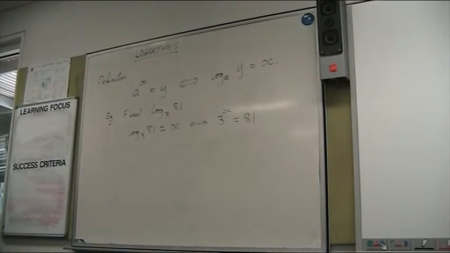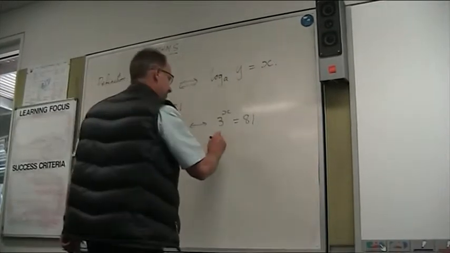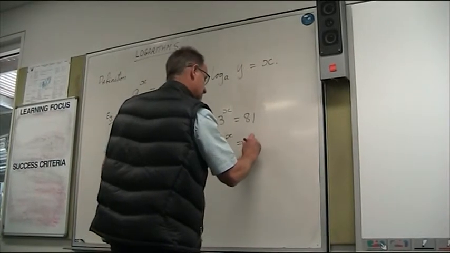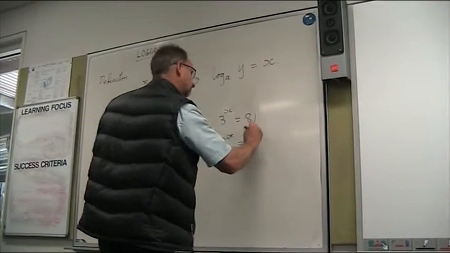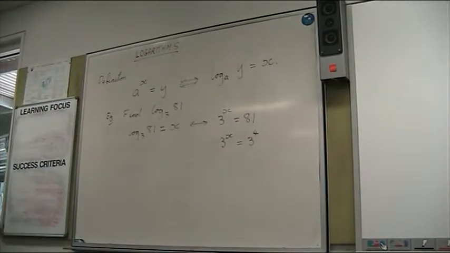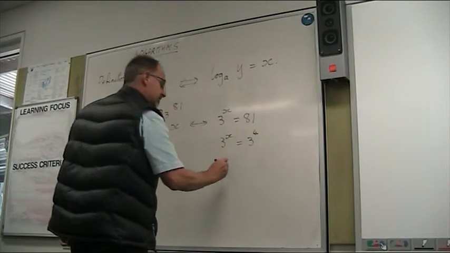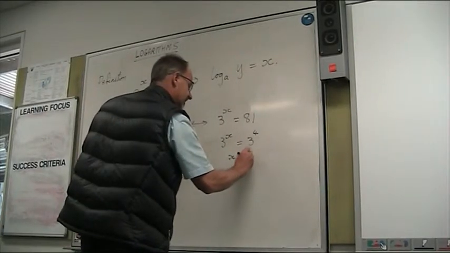So we could write 81 as 3 to the power of something. What does 81 equal 3 to the power of? Anyone? 4. So 81 is 3 to the power of 4, so from our exponential equation we could say that x is equal to 4.